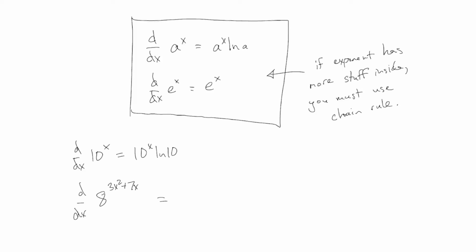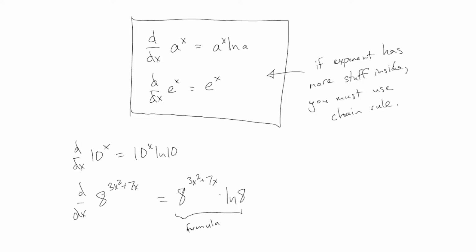So, plugging into the first formula, I get 8 to the power x, but in our example, instead of just x, it's all of that stuff. So I'm going to get all of that stuff times ln of 8. So this much of it is just using the formula in the box, right? Using 8 for a and 3x squared plus 7x for x.